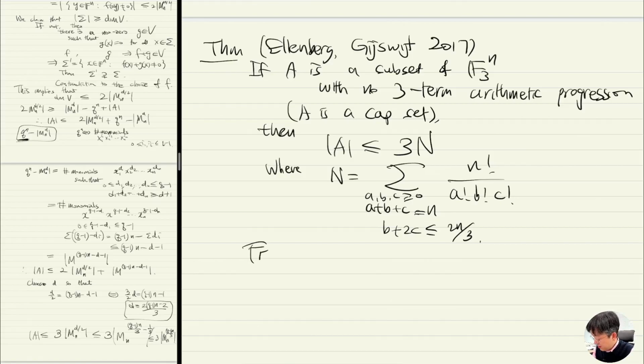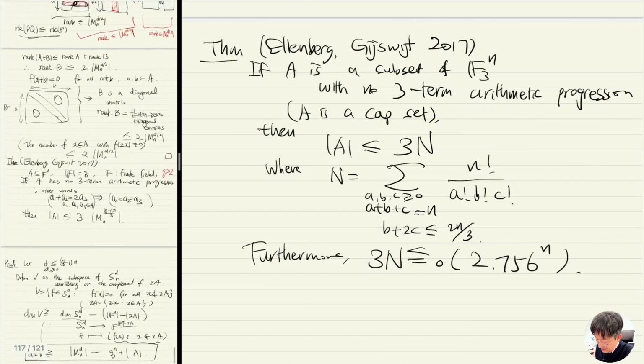And furthermore, 3N is little o of 2.756 to the n.